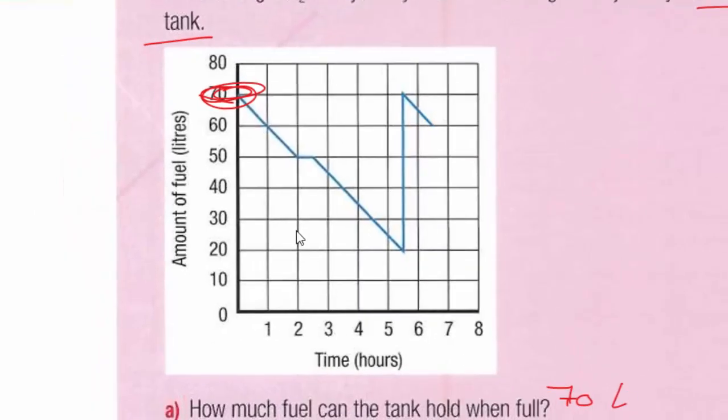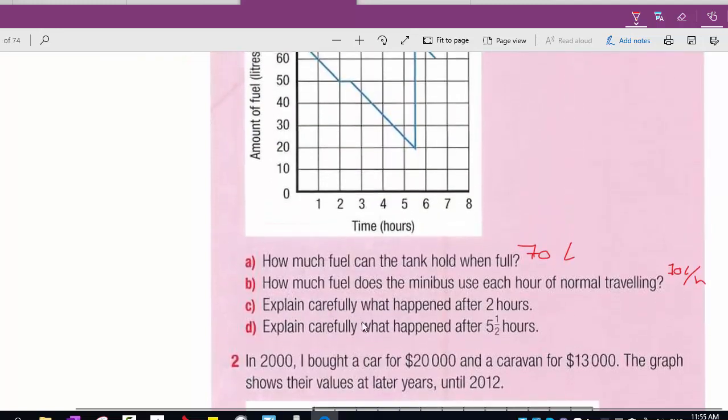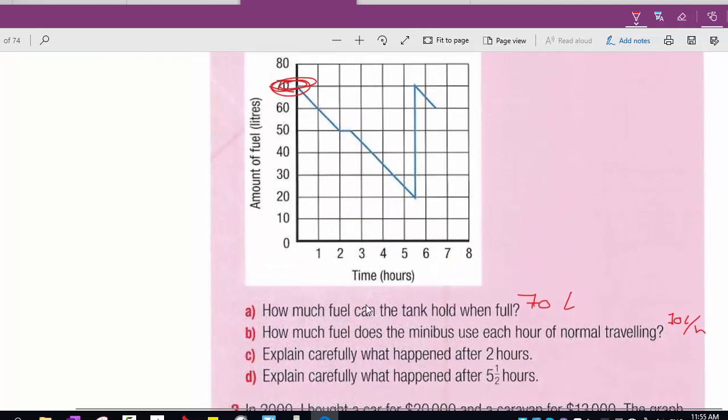So the minibus spent normally 10 liters per hour in normal driving.